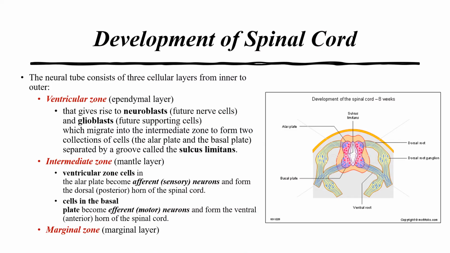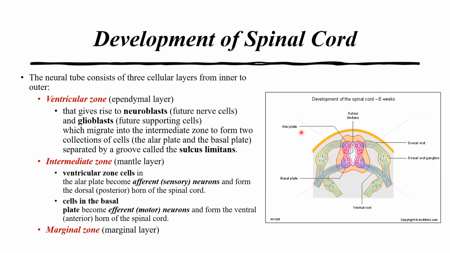So, the development of the spinal cord. The neural tube consists of 3 cellular layers from the inner to the outer parts. Okay, so first one, you have your ventricular zone. The ventricular zone or the ependymal layer gives rise to the neuroblasts, which are the future nerve cells, and the glioblasts or the future supporting cells, which migrate into the intermediate zone to form 2 collections of cells, which include your alar plate and the basal plate.